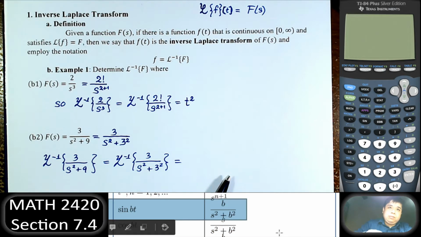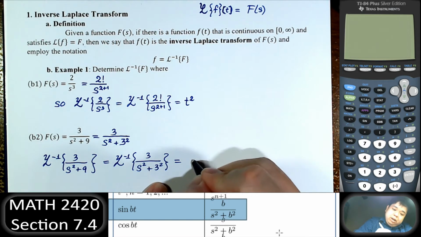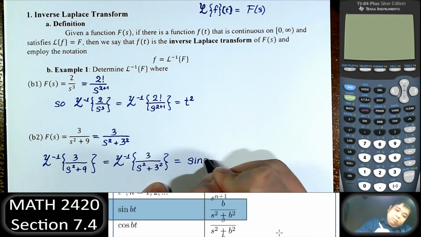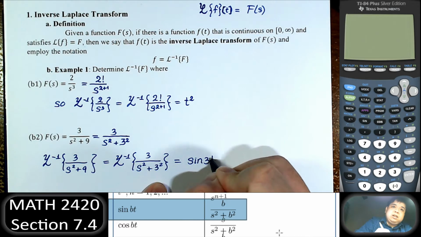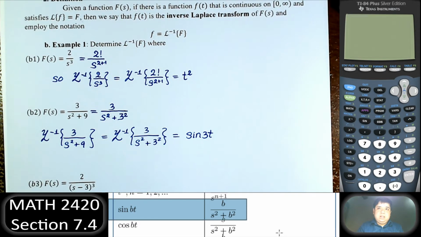Both of these numbers are the same, which is the b in this case, so b is 3, and we have sine of bt, sine of 3t. So that's easy.